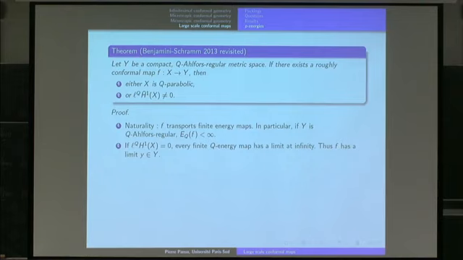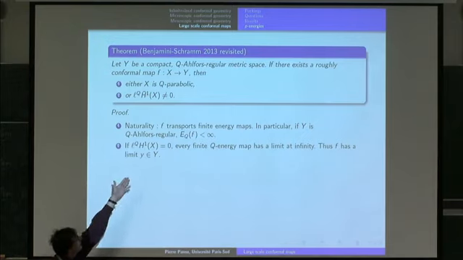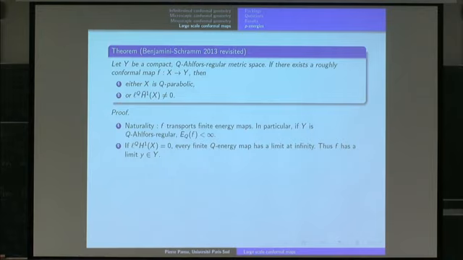Now, more or less by definition of Lq cohomology, if it vanishes on the domain, it means that functions with finite energy tend to zero at infinity, or at least they tend to a constant at infinity. And so, assuming vanishing of cohomology, I can conclude that my large-scale conformal map has a limit at infinity.